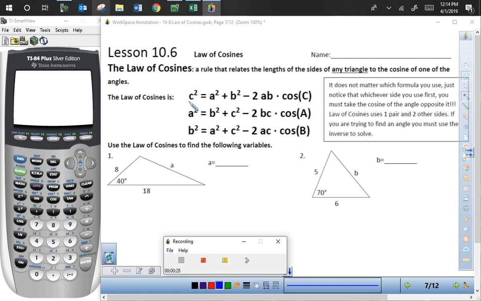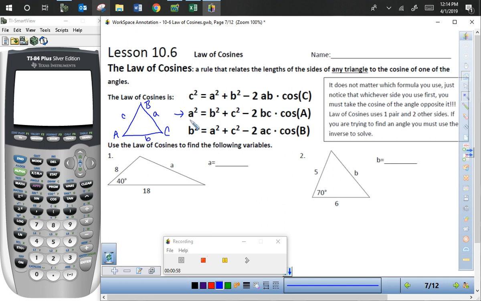Now, the formula here looks a little bit messy, but once again, I want to talk about the pieces that are involved. All three of these are just different versions of the same thing. So I'll just focus on this middle one to talk you through what all the pieces mean. On a triangle, we've got three angles, which we use capital letters for, and three sides, which we use lowercase letters for.